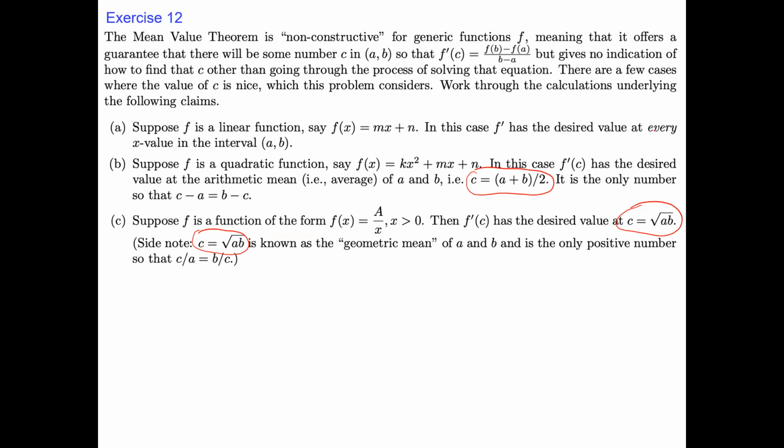That means c is actually all of the numbers, c could be any x in the interval. But what we have to do is take these functions and calculate the value c. We can do this, and then we have to prove that this c is the same as the given one. Okay, let's look at part A.